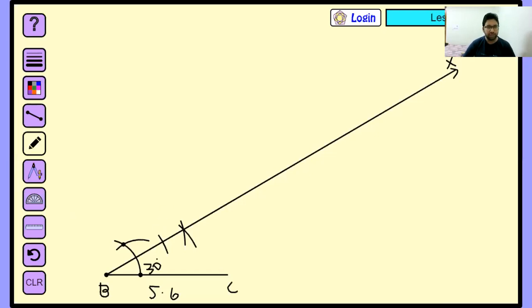We can call it D. This is going to help us somehow. Yesterday, after getting the intermediate point, we joined it with C, the third vertex. So let me join it first.